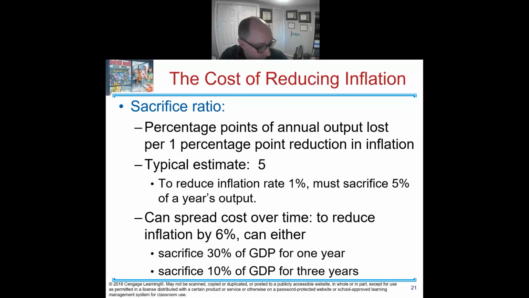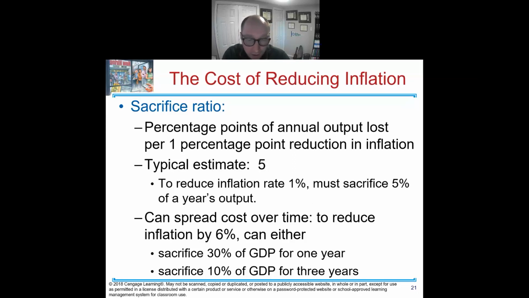We can examine the reduction of inflation through cost. What happens to the cost? Because as you know, when there is higher inflation, there is lower unemployment, which is good because it means the vast majority of Americans are working. But it's also bad because of higher prices of everything.